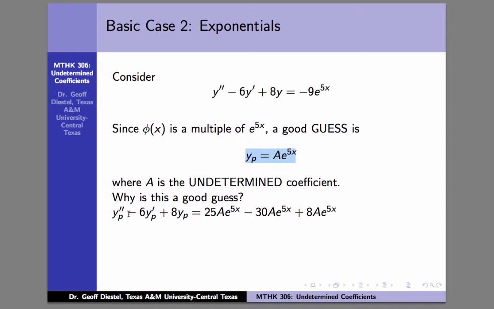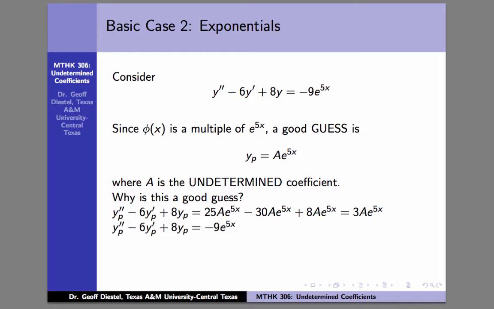We have a negative 6 in front of that term, so we get negative 30. And then we just add to that finally 8 times y sub p. And we notice that we can just combine all these, and it reduces to 3 times a times e to the 5x. So we made our guess using knowledge of differentiation and exponential functions, basically.